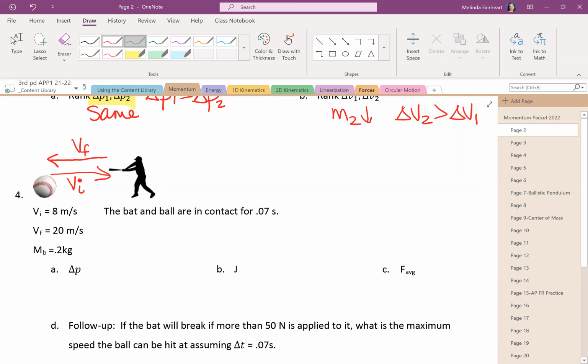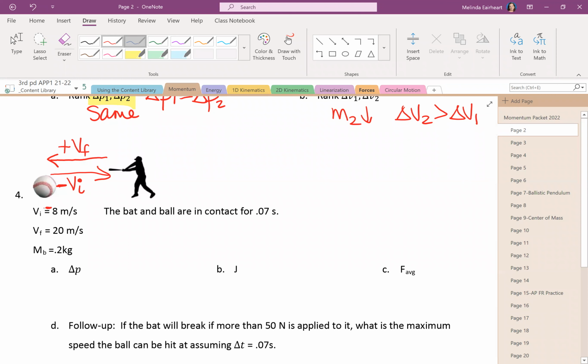Momentum cares about direction. Somebody's got to be negative. What do y'all want? Is the 20 or is the 8 positive? 20, you say, is positive. So it's coming in towards us at a negative 8 meters per second. And we're going to hit it and it's going to go out at positive 20. But we got to appreciate direction.